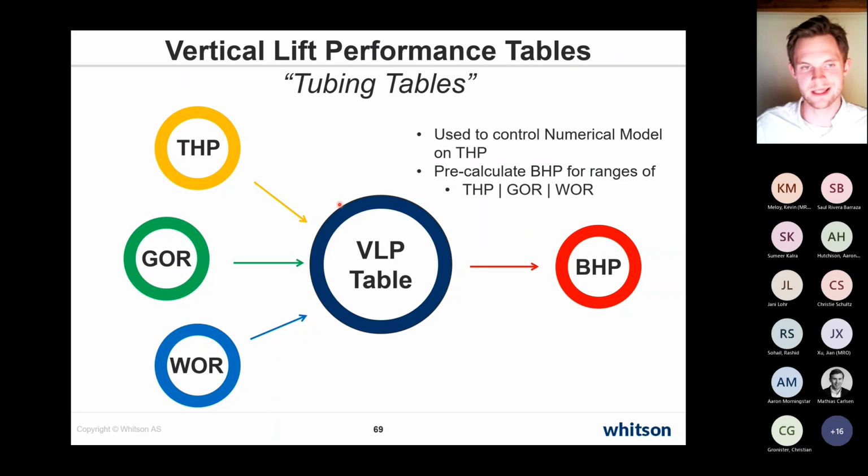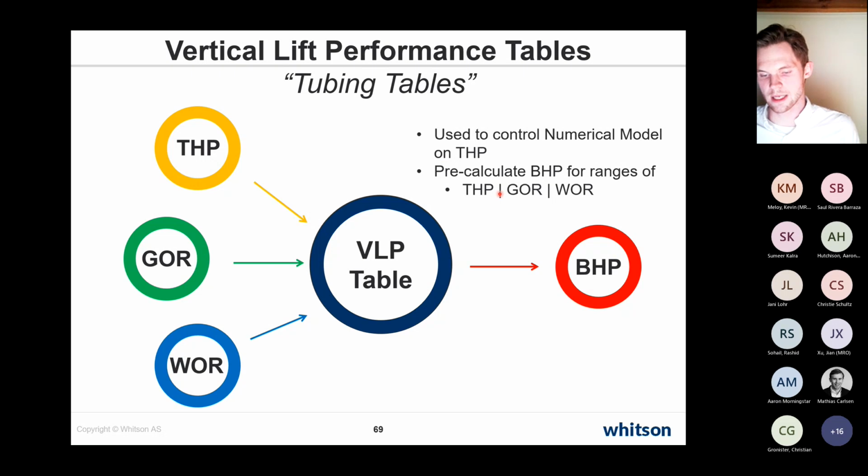Essentially, you provide a tubing head pressure, GOR, and a water-gas ratio, and then one of the rates as well. Then the numerical model will be able to read out from that table what the BHP is for that situation. It's sort of interpolating between combinations of these.